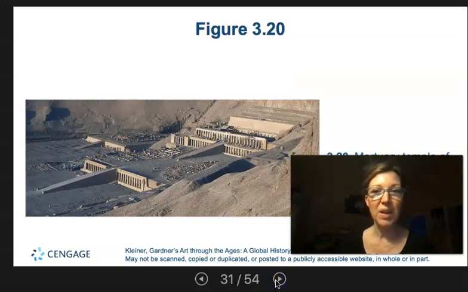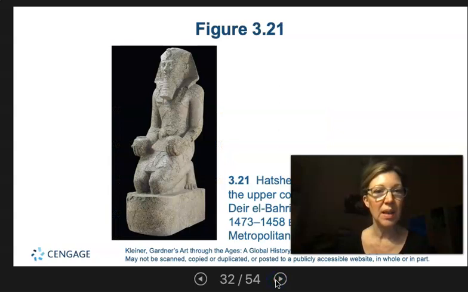Okay, here we've got our Lady Pharaoh Hatshepsut. This mortuary temple at Deir el-Bahri was built for her. Notice that at this site, there are multiple connected structures. And then here we have Hatshepsut.